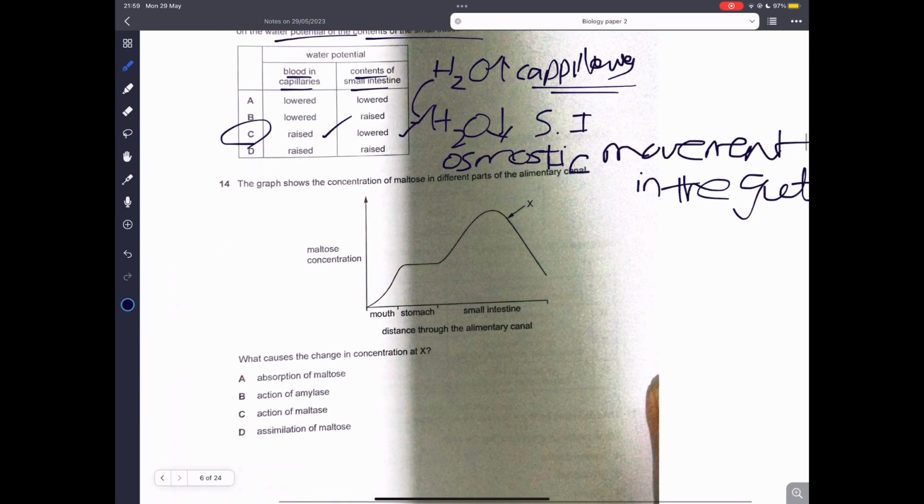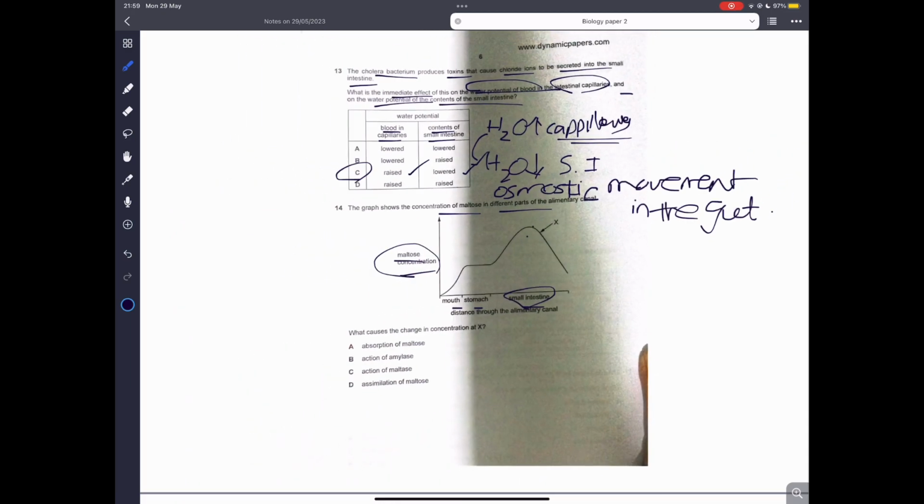So C. 14. The graph shows the concentration of maltose in different parts of the alimentary canal. Now we see there is a maltose concentration in the mouth, stomach, small intestine. Now what causes the change in concentration at X? X we see is in the small intestine part.